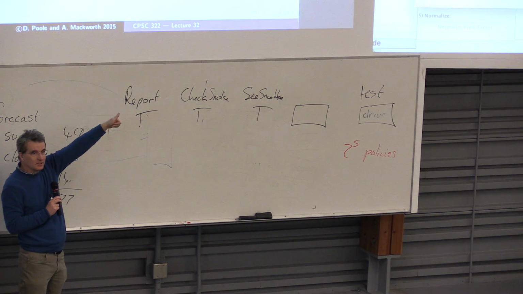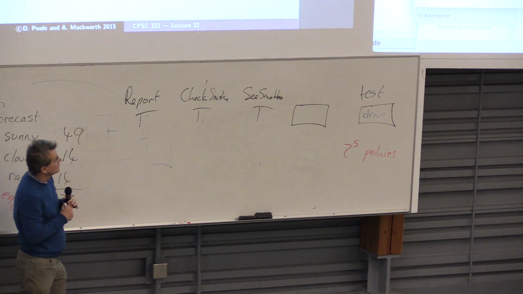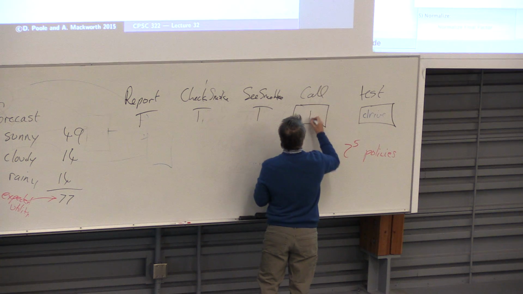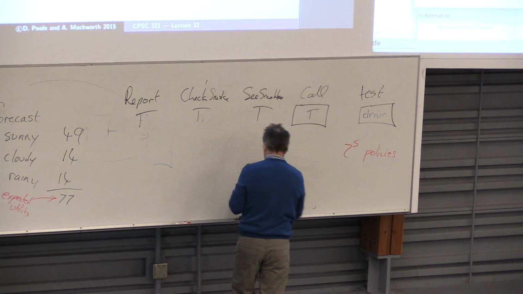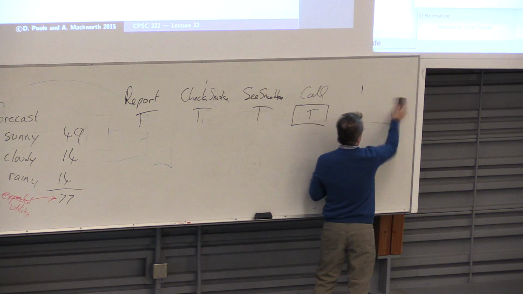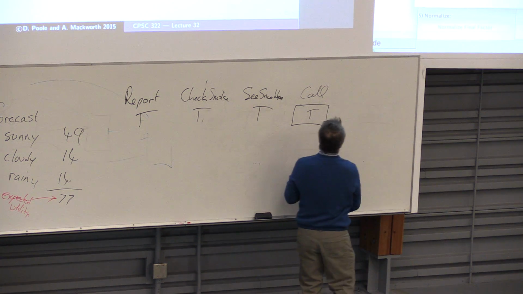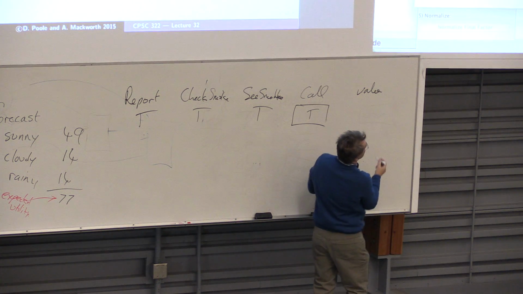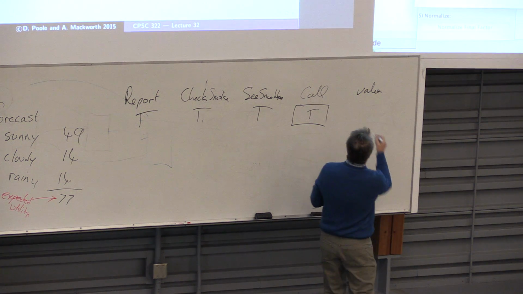We want to maximize utility. Right, we're going to call. We're going to say call here is going to be true. And we're also going to construct a function, and the value for this is minus 1.33.